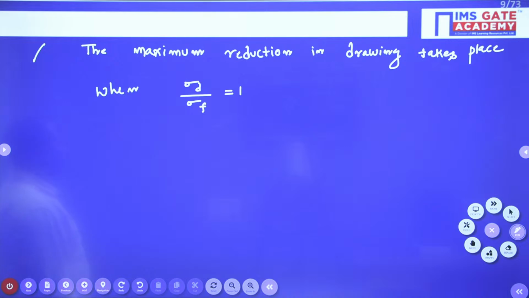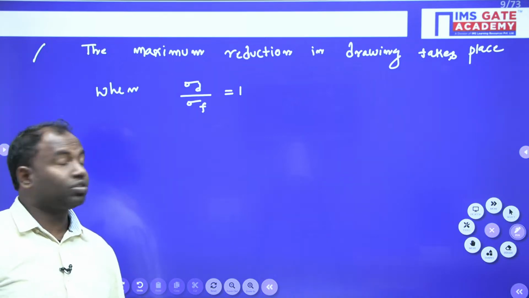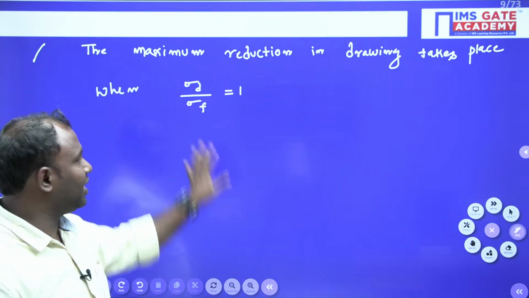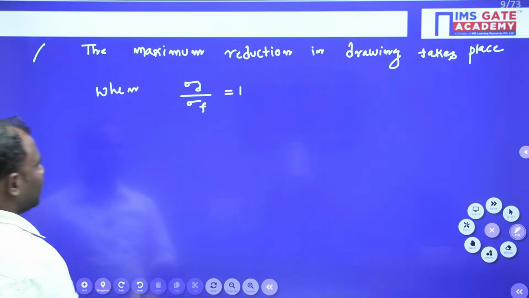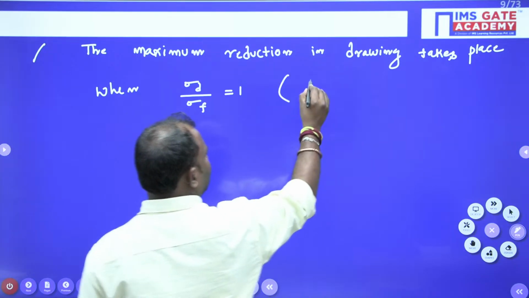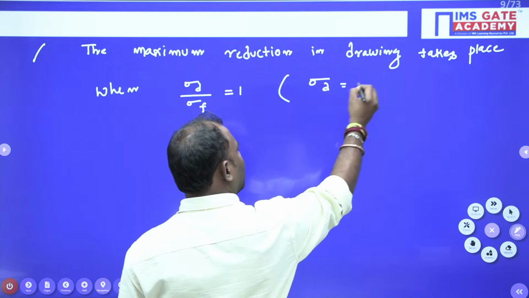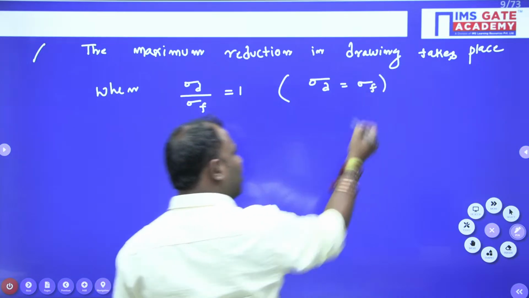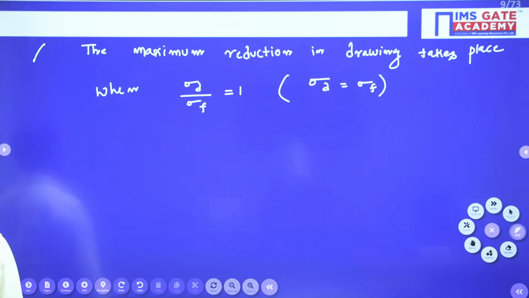That means drawing stress equals flow stress of the material. In that case, maximum reduction takes place. So here you can also write: when sigma d equals sigma f, maximum reduction takes place. Clear everybody, guys?